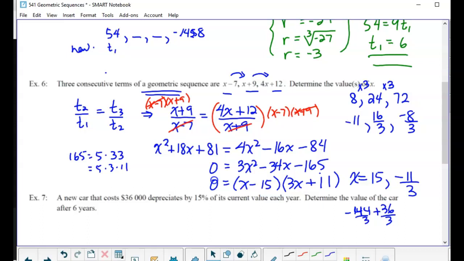Did I do something wrong again? So I'm multiplying. So negative 11 over 3 minus 7 is 14 over, no, that's why. Negative 11 over 3 minus 21 over 3 is negative 32 over 3. Okay, so you can see in this case your common ratio is multiplying by negative 1/2. So you get two different common ratios.